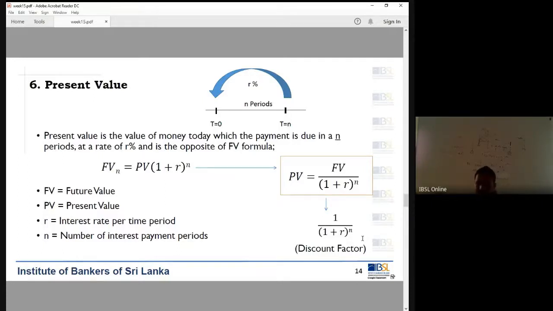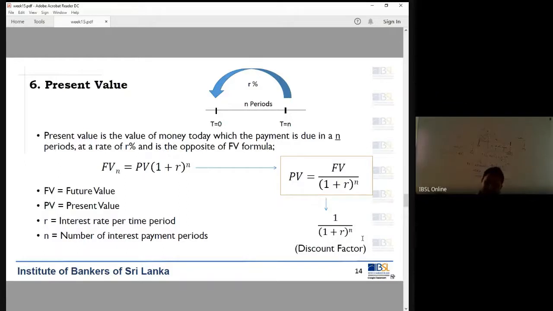Now these numbers are the discount factors for a particular percentage for a period of 1, 2, 3, 4, and 5 years.